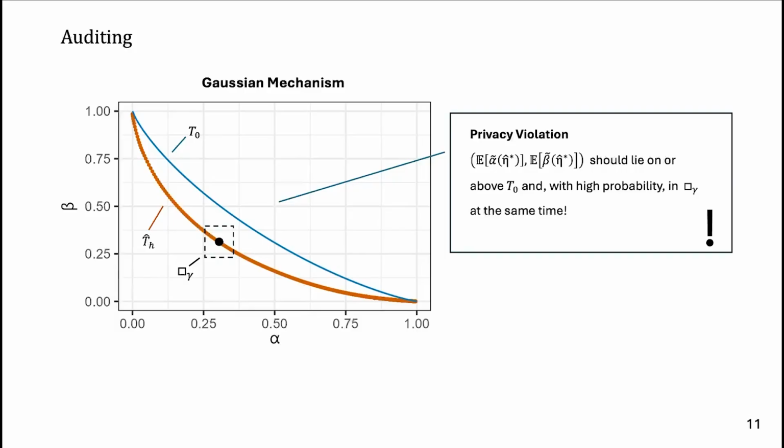And the only way that both of these statements are true is if our confidence region overlaps with our privacy claim. This is not the case in our example, and therefore our privacy claim is probably false. So we can, with some confidence, determine that we have a flawed version of the Gaussian mechanism on our hands.